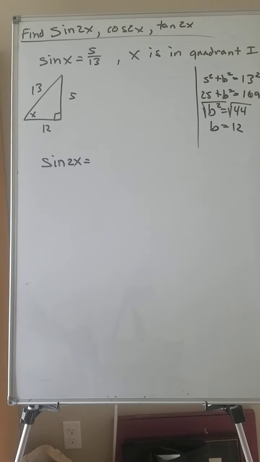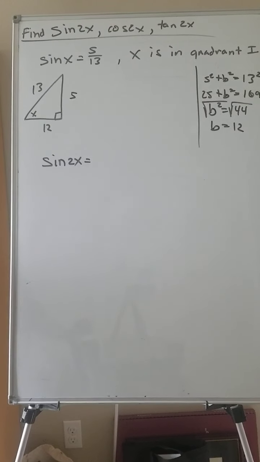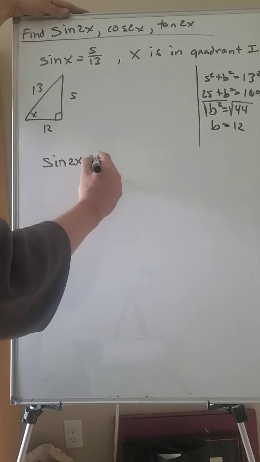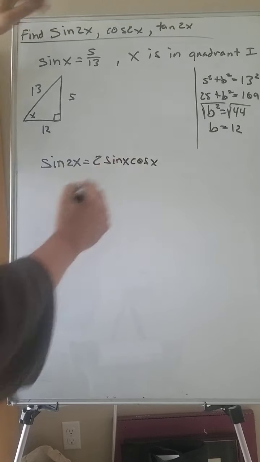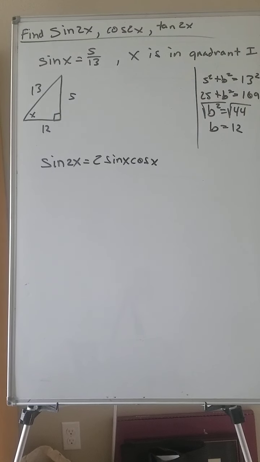Well, I'm going to apply the formula we just wrote down in our notes. Sine of 2x is equal to 2 sine of x cosine of x. Can I figure out what sine of x and cosine of x are? Well, yeah, I have the triangle and my angle is x. So we're just going to take values from the triangle and substitute them in now.